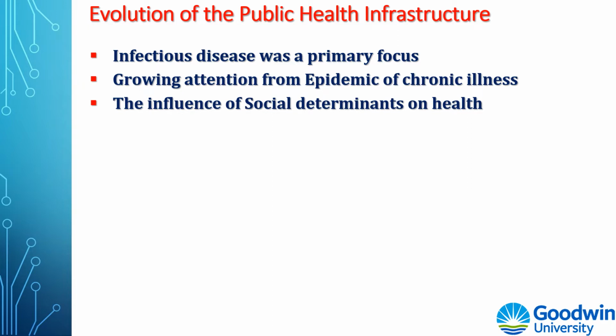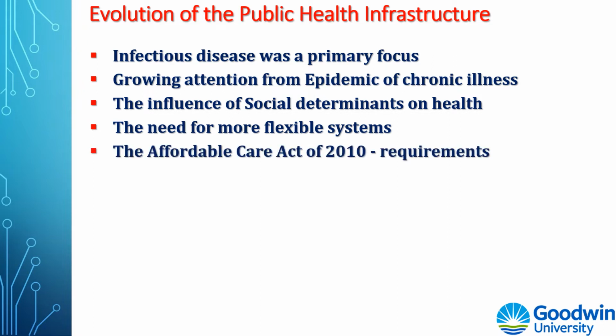And that kind of grew into the idea of social determinants of health, which we've discussed a little bit. And that also pointed out the need for many more flexible systems in the infrastructure. We were siloed a lot. How are we going to share all this stuff? Well, there was this great need developing.